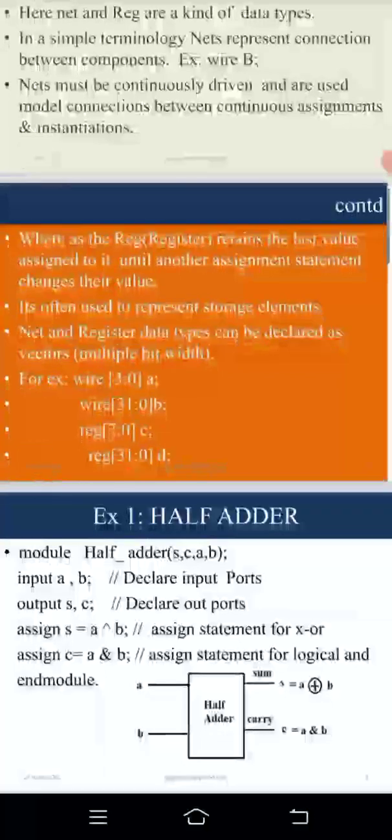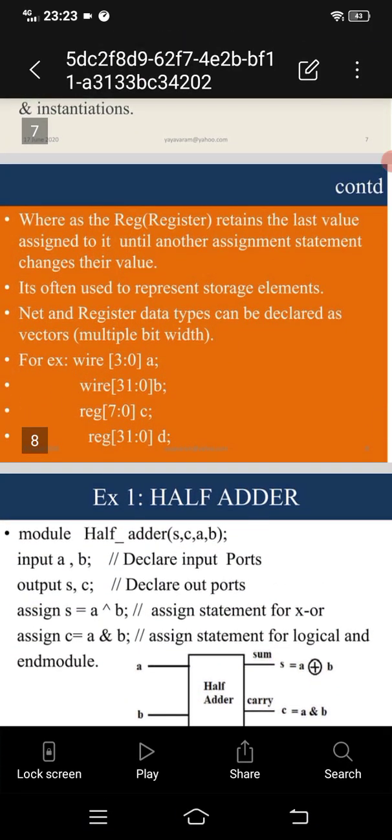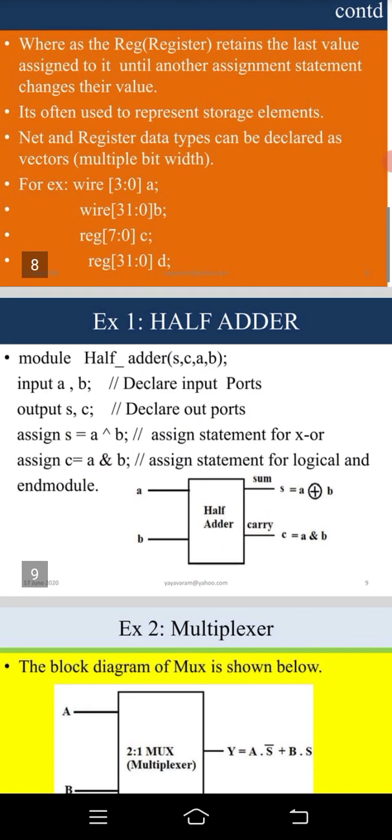Example, half adder. Module half adder, S, C, A, and B. Input A, B declares input ports. Then output S, C declares output ports.